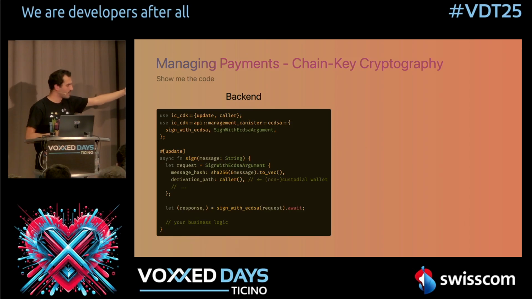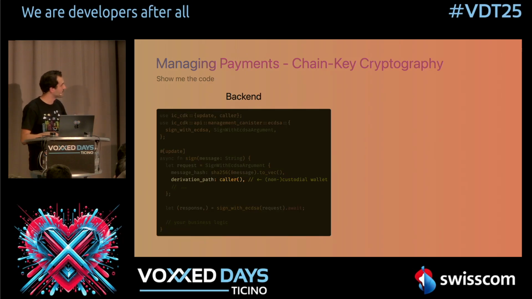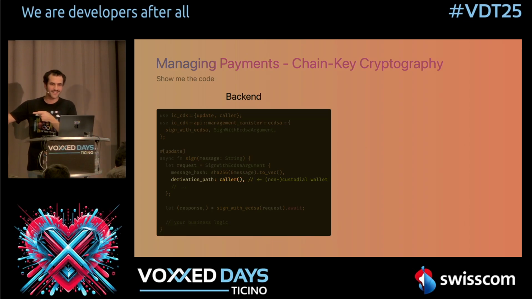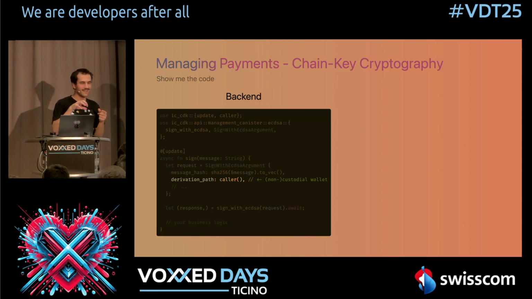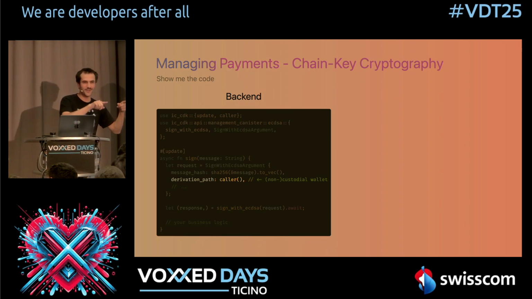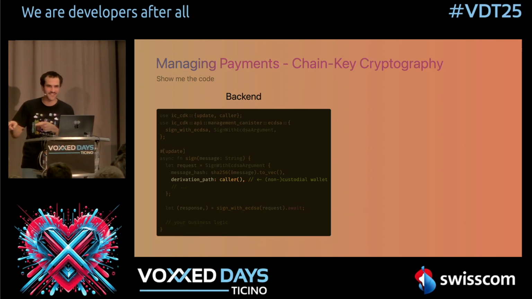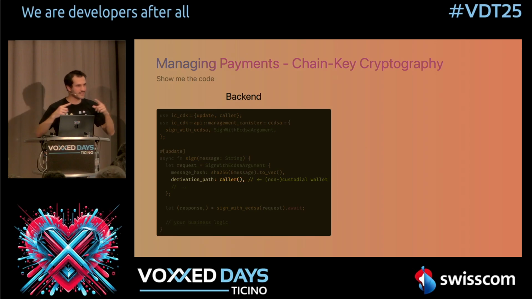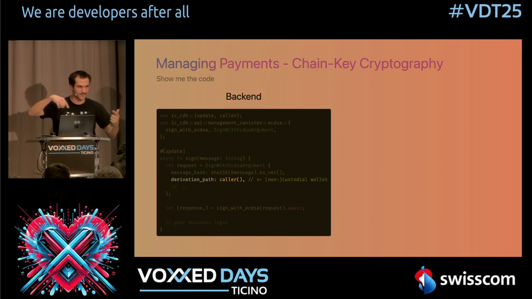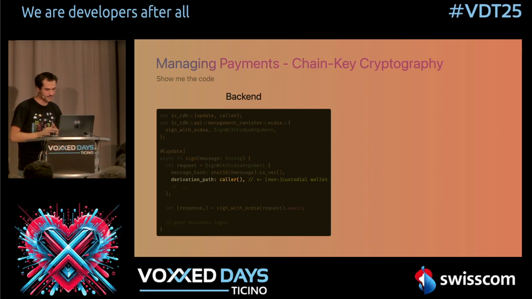That's also why I called it non-custodial wallet, because we are gonna do everything on the backend, but we're not the custody of the keys, because we're gonna do it with this network of 34 servers all together that do the signature for our users.